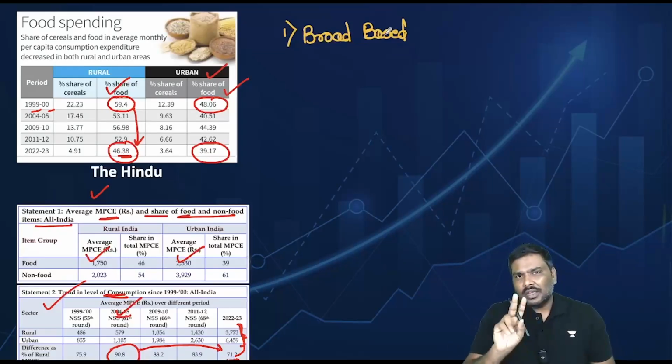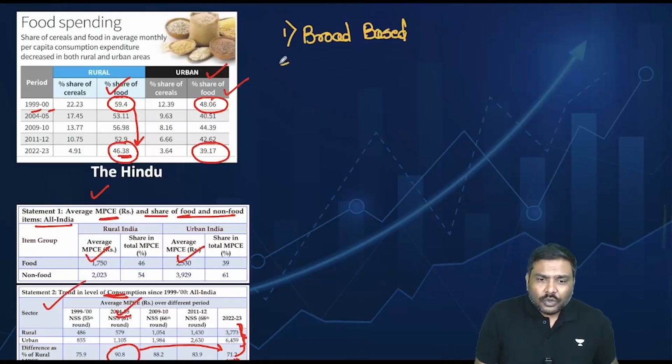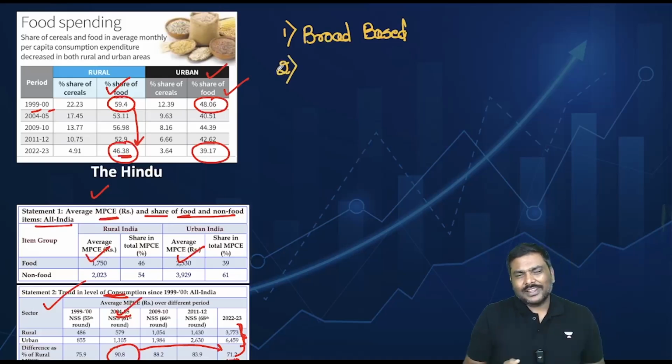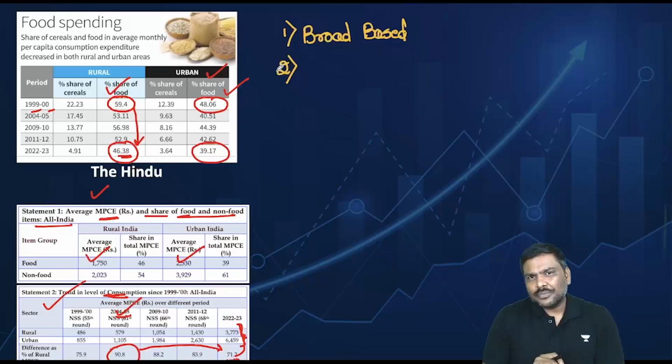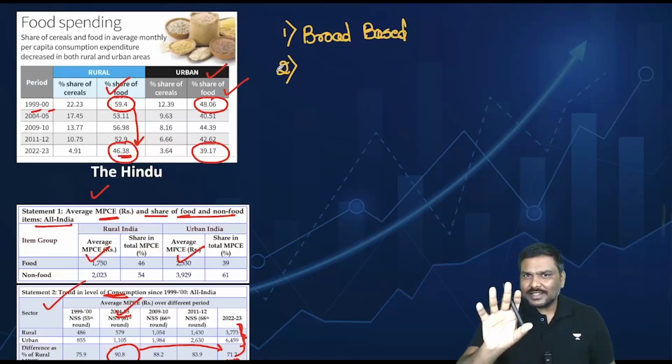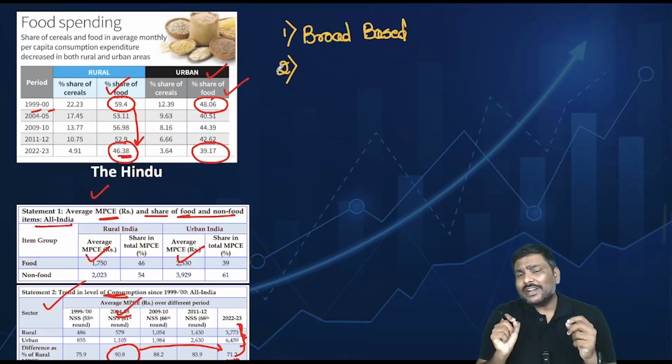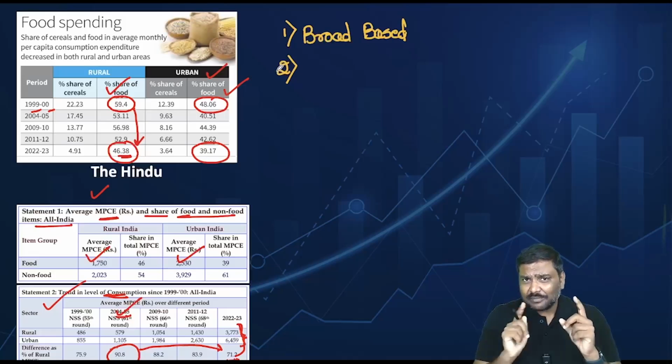That's the first point. Point number two, although this might become a contentious issue in the coming days, the CEO of Niti Aayog says that if you look at this particular data, the poverty rates in India are less than 5%.